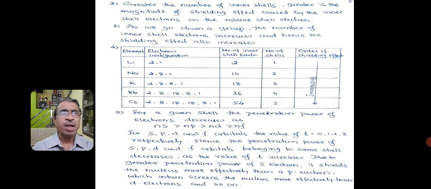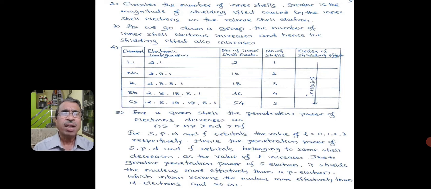As we go down in a group, the number of inner shell electrons increases and hence shielding effect also increases. Taking an example, lithium, sodium, potassium, rubidium and cesium are the elements present in the first group. Their electronic configurations are: lithium 2,1; sodium 2,8,1; potassium 2,8,8,1; rubidium 2,8,18,8,1; and cesium 2,8,18,18,8,1.